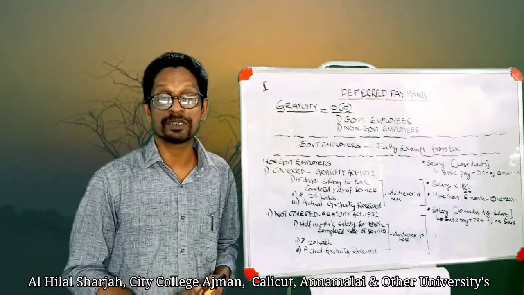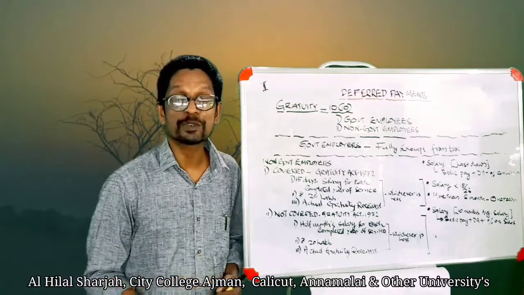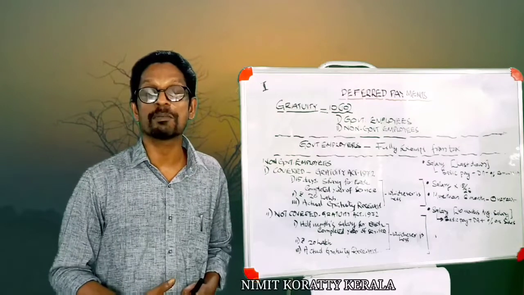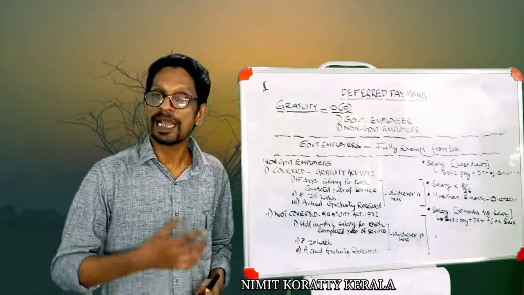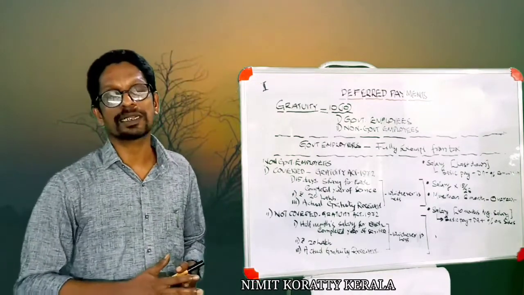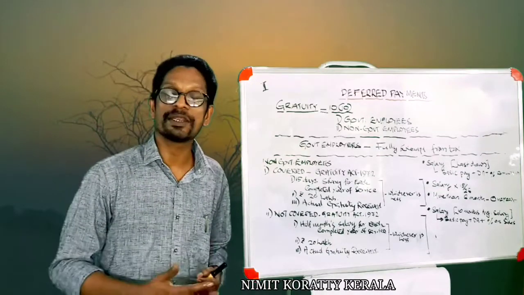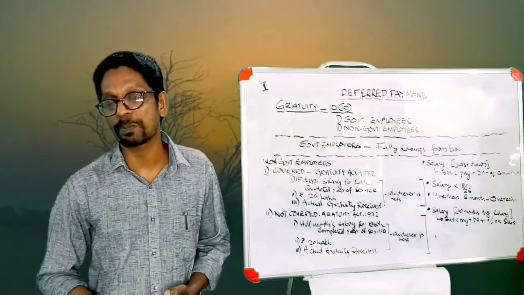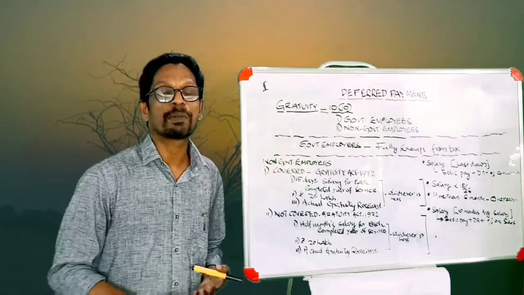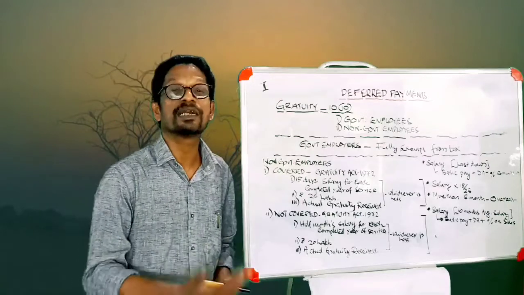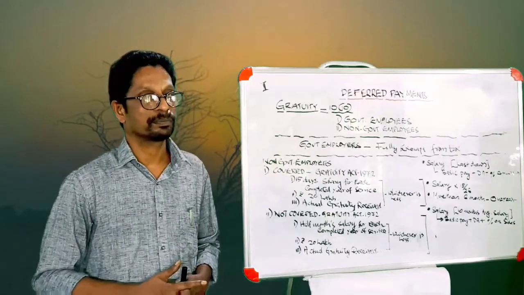During the previous sessions, we were explaining the total income of an individual, which can be subdivided into 5 different heads: salary, income from business or profession, income from house property, income from capital gain, and income from other sources.